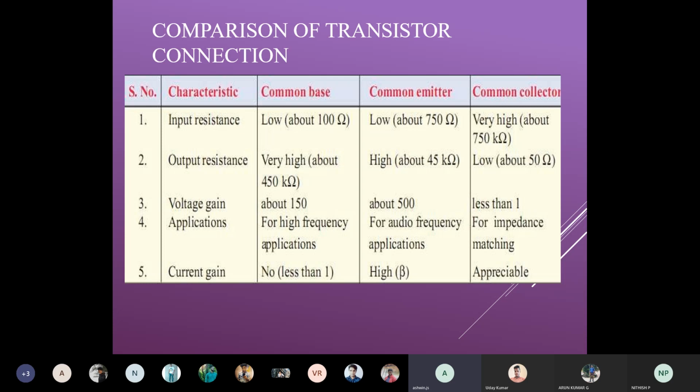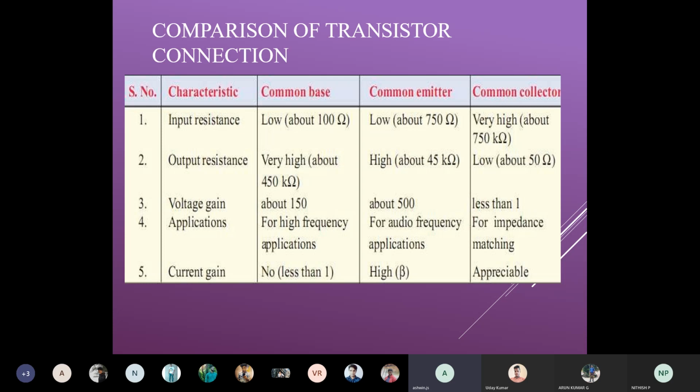Okay, and if you look at the applications, for high frequency application, I will use the common base. So at devices wherever I am using high frequency, for example satellite communication and microwave communication, I will use the common base configuration. Okay, and if you look at the common emitter, it will be used for audio frequency application.